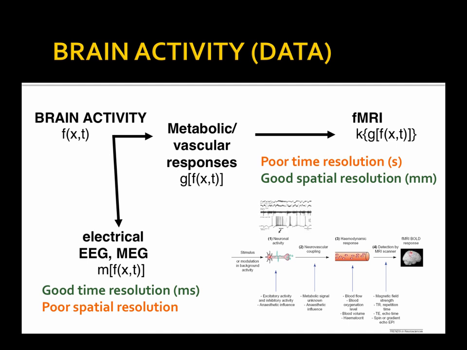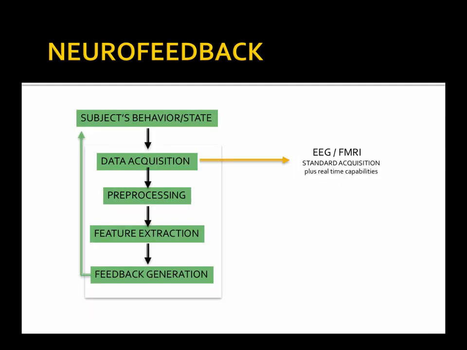However, if you think about where the signals are coming from, none of them, either EEG or fMRI, are a direct measure of the neural activity. They are an integration of something that happens in the brain. Still, it's a good proxy to understand brain activation and brain states. So the data acquisition in general is similar, whether we are doing neurofeedback with EEG or fMRI or both together.